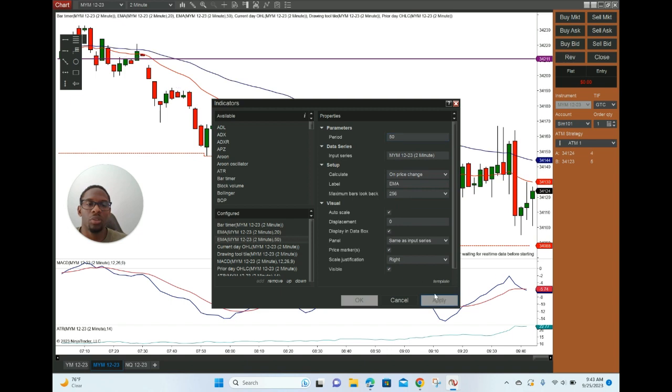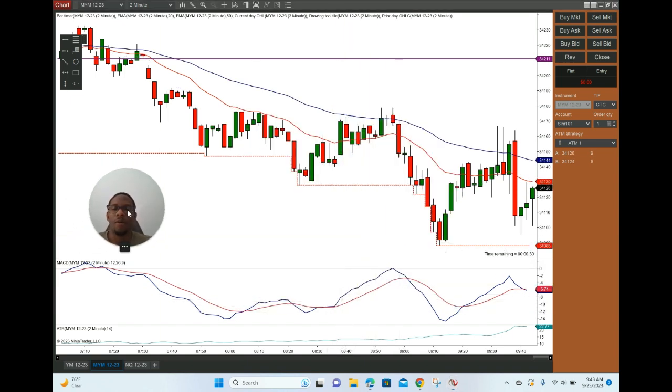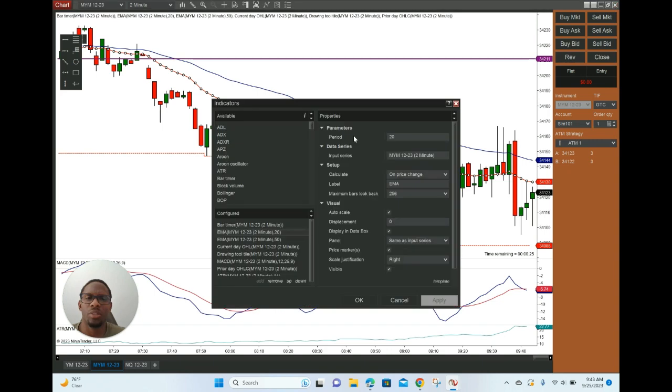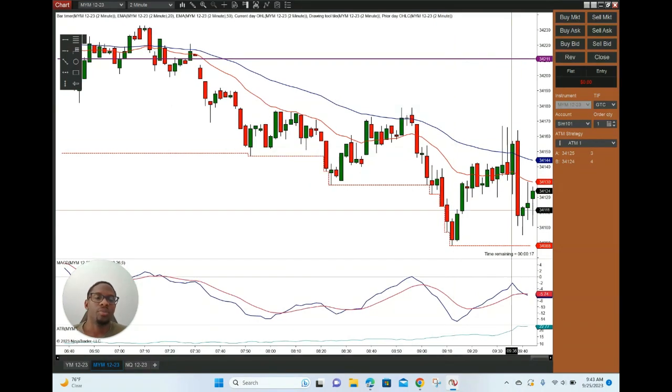Yeah, something was off. All right, there we go. So what we're looking for now, we got it accurate. This is the 20. This is the 50. All right, so now we're looking for some action to short.